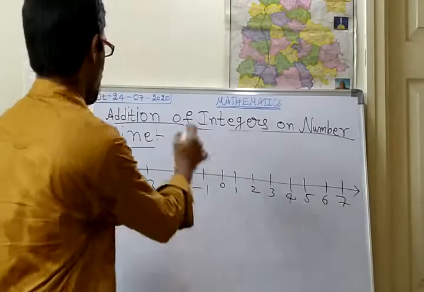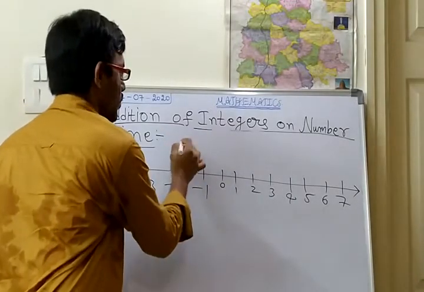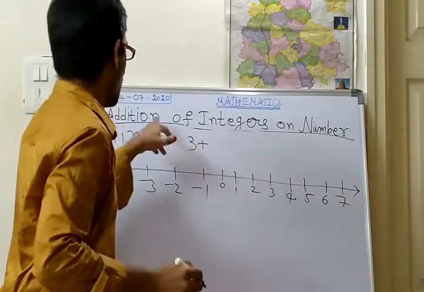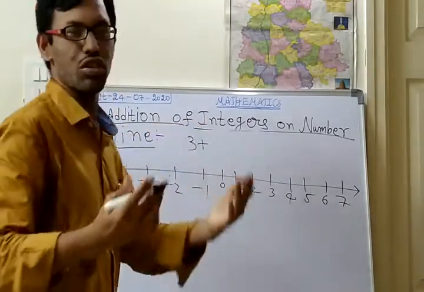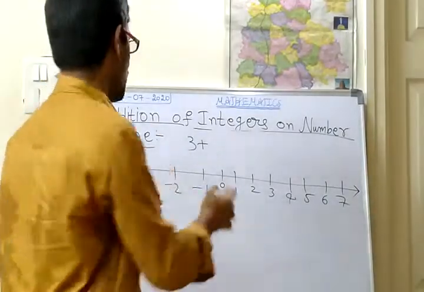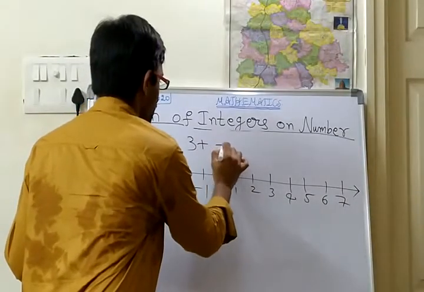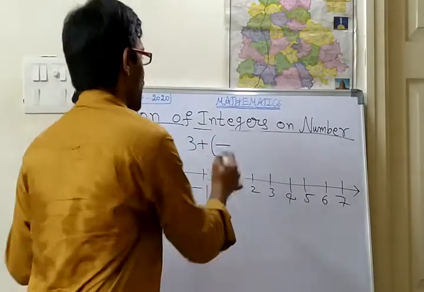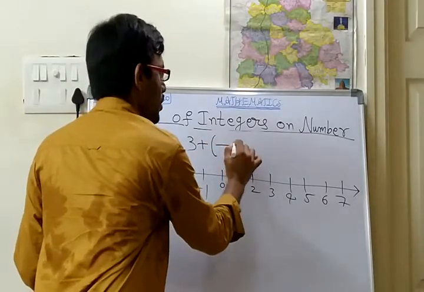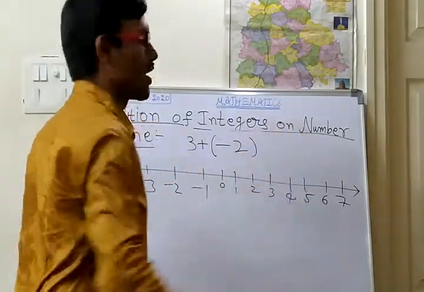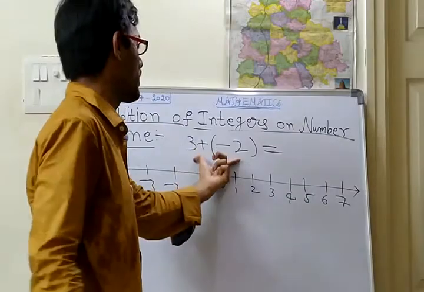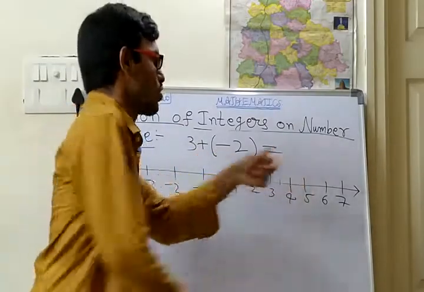Suppose the question is, taking any number, 3 plus, addition of integers, either positive or negative integers. So 3 plus, now I am taking minus. In between two symbols we should keep the bracket. So 3 plus of minus 2 I am taking. We should find this result.